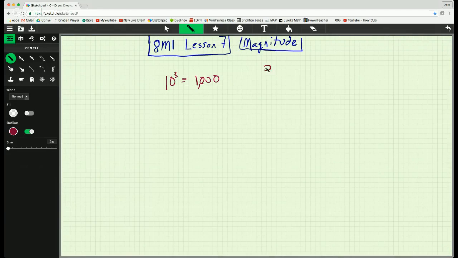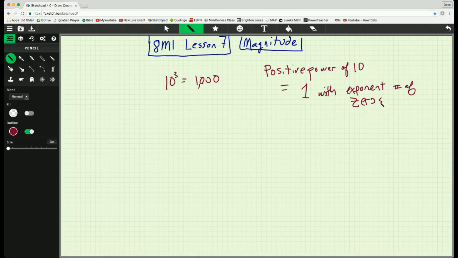A positive power of 10 equals a 1 with the exponent number of zeros after. So this has 3 zeros.